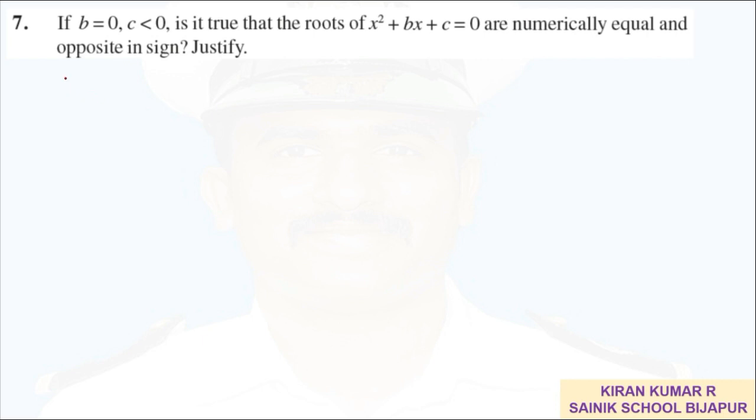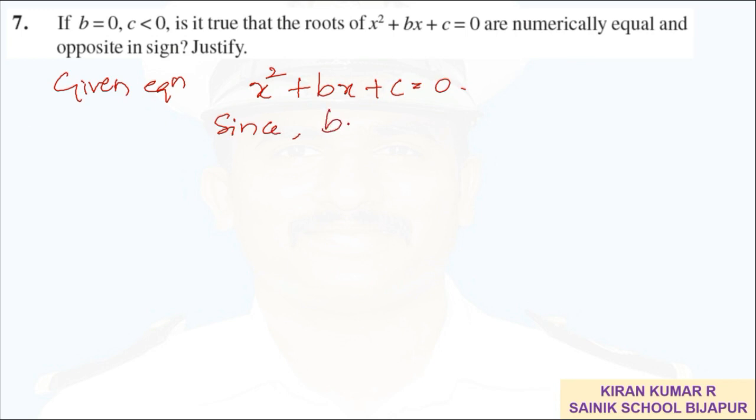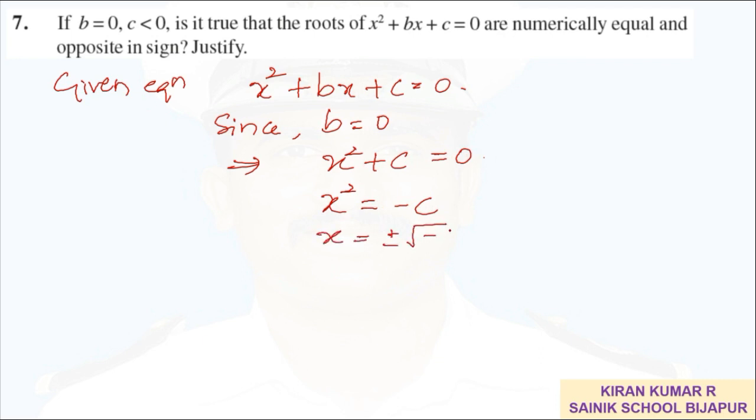The given equation is x square plus bx plus c equal to 0. Since they have given b is equal to 0, this implies x square plus c is equal to 0, or else x square is equal to negative c. So x value is plus or minus root of negative c.